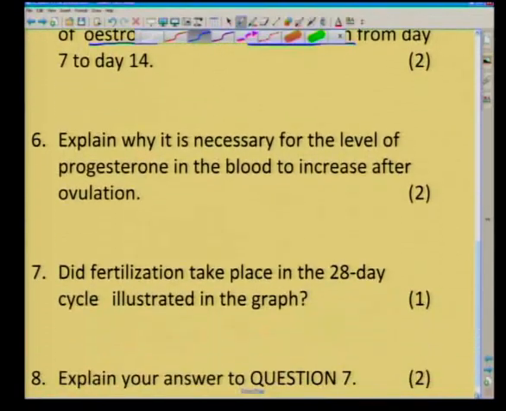Okay, then explain why it is necessary for the level of progesterone in the blood to increase after ovulation. Now, people think about this. What does it do? What is its function? Because we're talking about progesterone. What is its function?